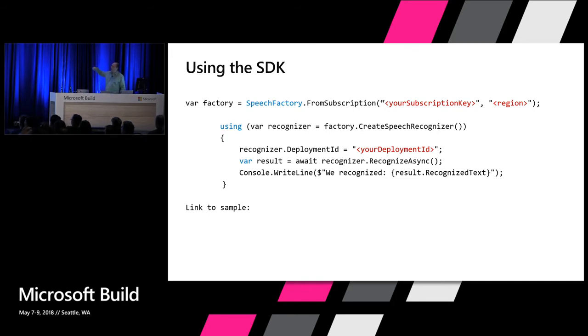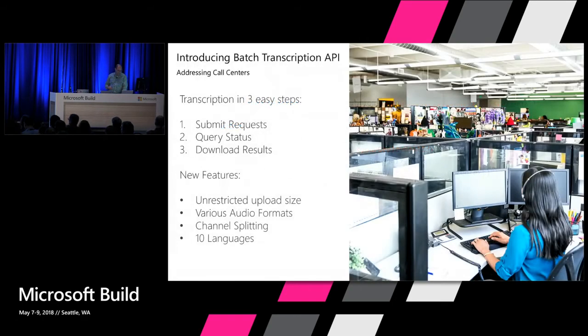There are different methods for streaming audio files. And then you just pass to the recognizer the actual deployment ID, and that's all it takes. If you don't pass a deployment ID, the audio will be streamed to the baseline model. It's as simple as that. There are samples in the documentation that you can go and use.